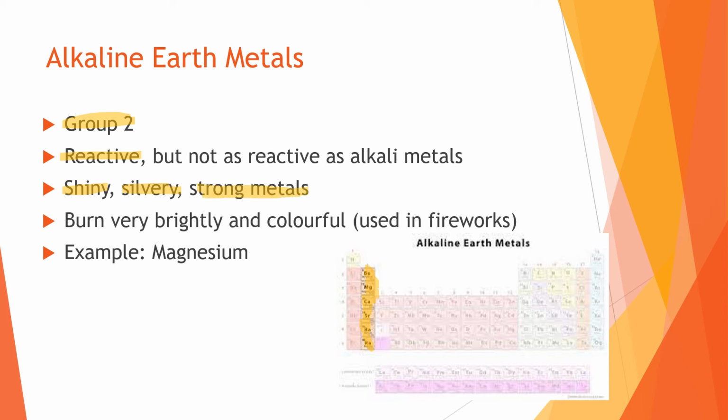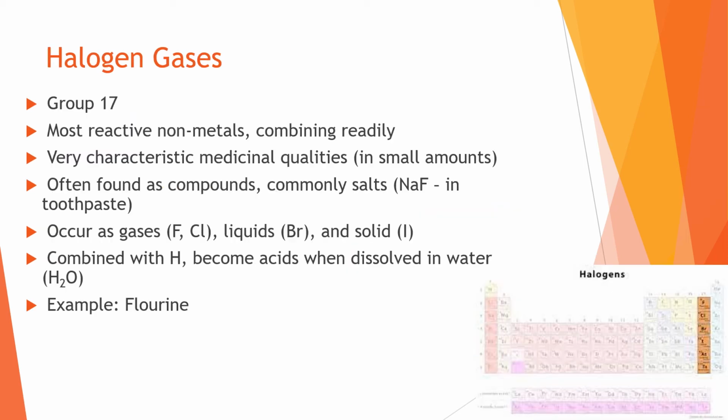They're not as soft. They burn brightly and are colorful. So this is a nice real-world application here. It'd be alkaline earth metals that are involved in fireworks, okay, because they burn brightly. An example would be magnesium. If we were in class, I'd be able to take a piece of magnesium metal, put it in the flame, and when heat is added, it produces this really bright light.